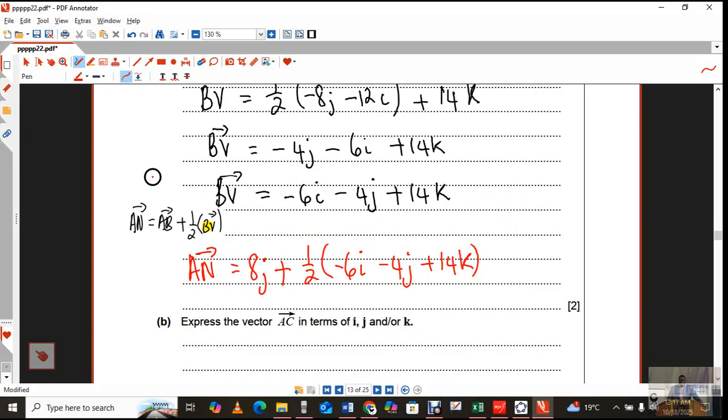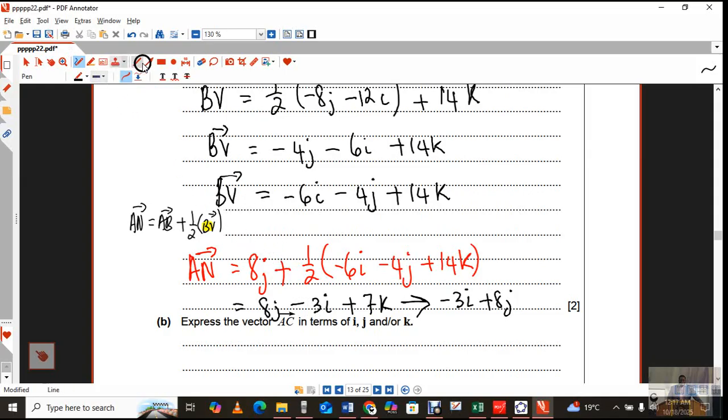If we clean this up, we're going to get 8J minus 3I, half of that, plus 7K. Let's just rewrite it nicely in terms of I and J. The answer is minus 3I plus 8J. Is it 8J? Now here's the thing.